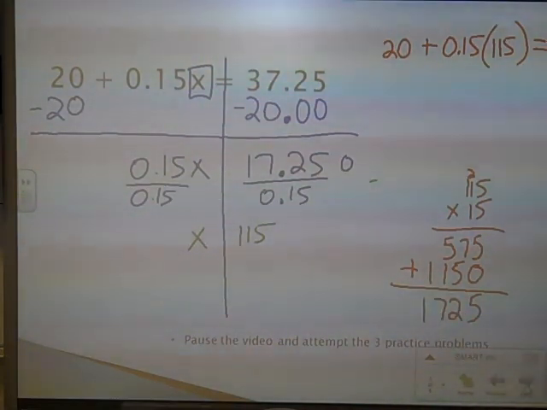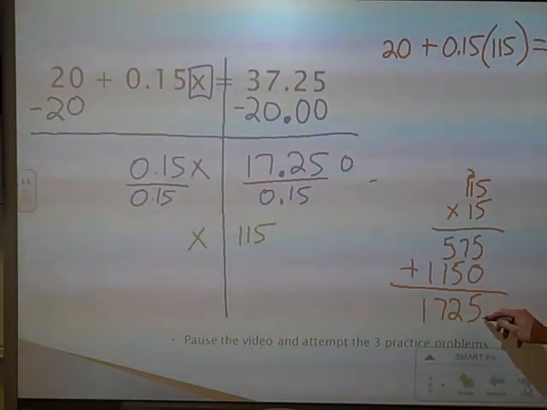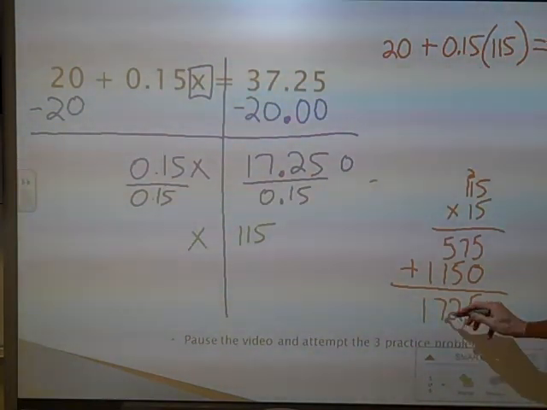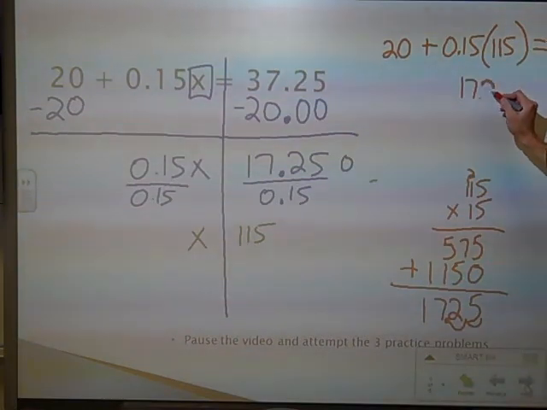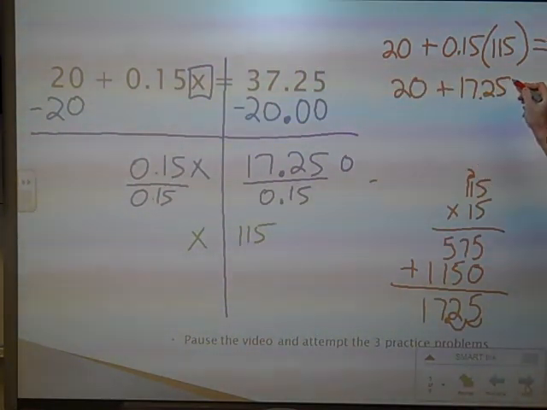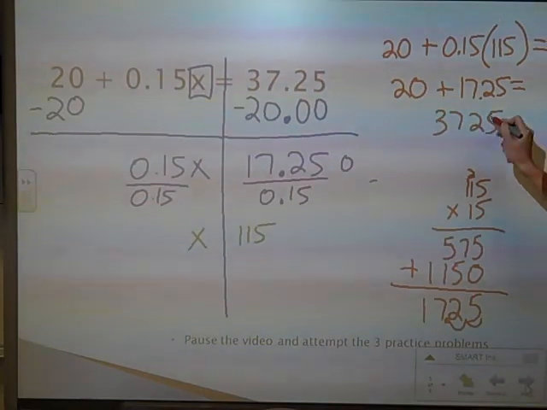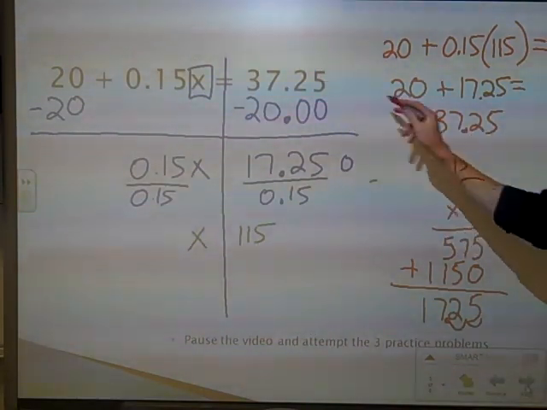And I get 1,725. Because I moved the decimal place over here twice, I need to move back over twice, giving me 17.25. And then I have 20 plus, bring down, and I add 20 and 17.25, and I get 37.25. And yes, that matches up.